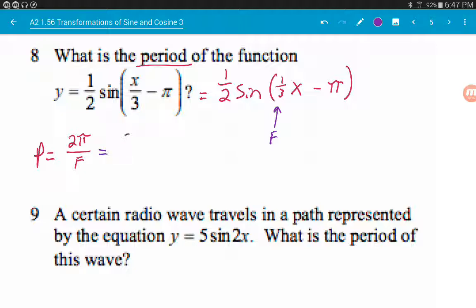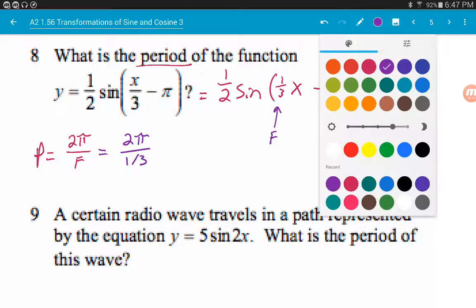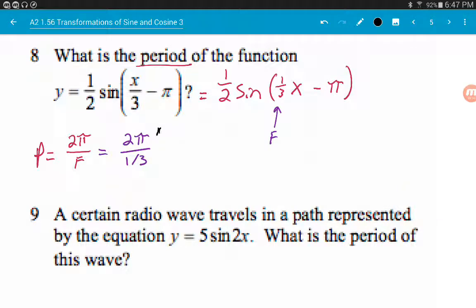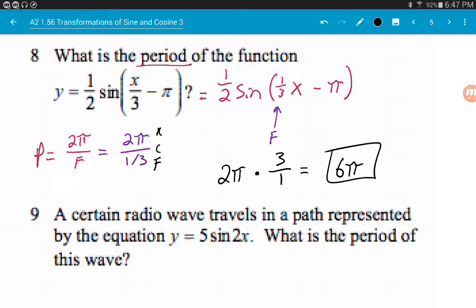If I plug that in here, I get 2 pi divided by 1/3. And when do I divide by fractions? Never. So instead of dividing by a fraction, I'm going to keep, change, and flip. So I keep the 2 pi, I change it to multiplication, and I flip the 1/3 into 3 over 1. Well, 2 pi times 3 is going to be 6 pi. And that's my final answer for question number 8.